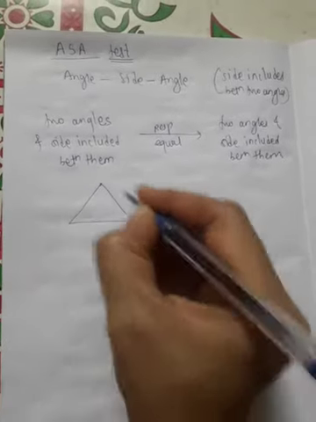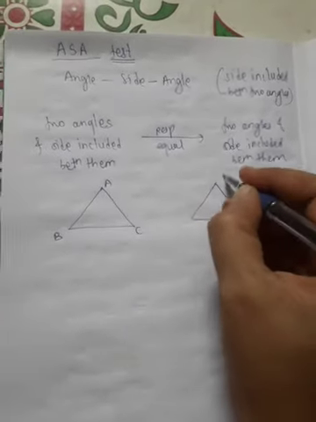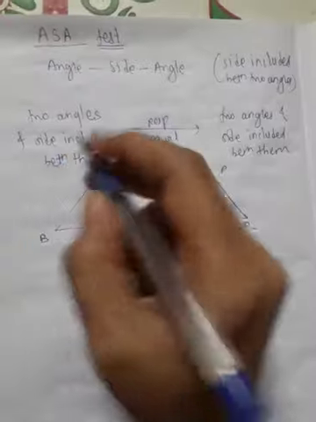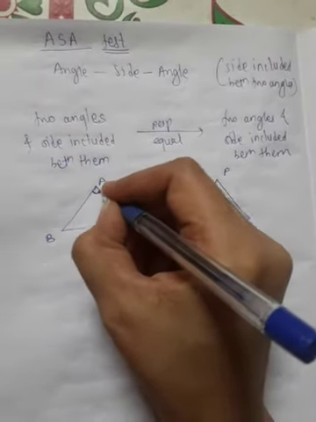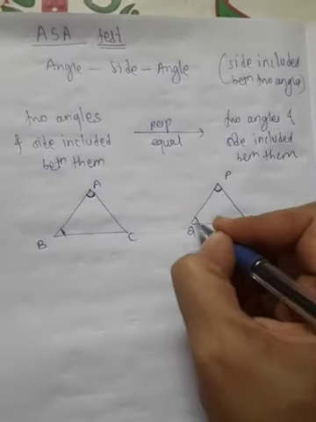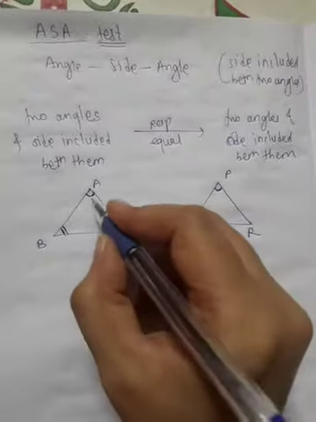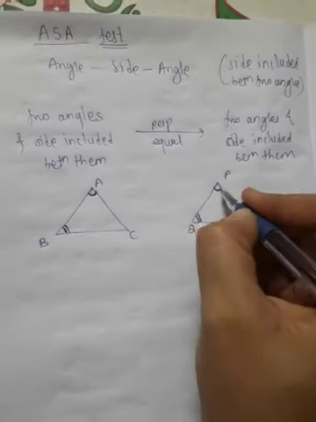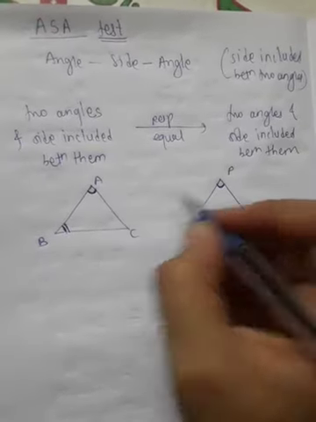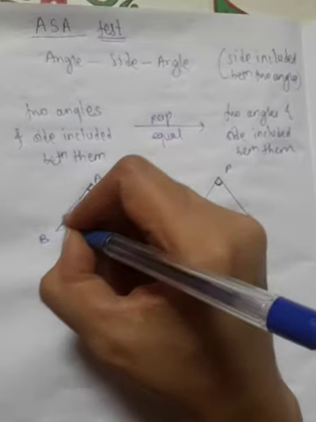If you take ABC and PQR, now see, if two angles are equal, suppose A is equal to P and B is equal to Q, and also the side included between them.